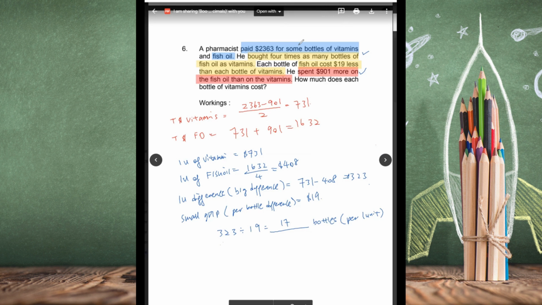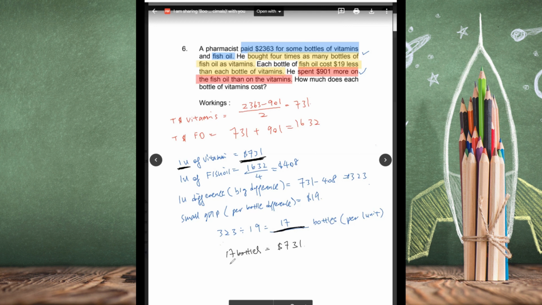So we will have, for vitamin is only 1 unit, right? So we actually can find our answer already. So the total price spent on the vitamins is this one, and then it's also 1 unit. Since 1 unit equals to 17 bottles, it means that 17 bottles equals to 731.